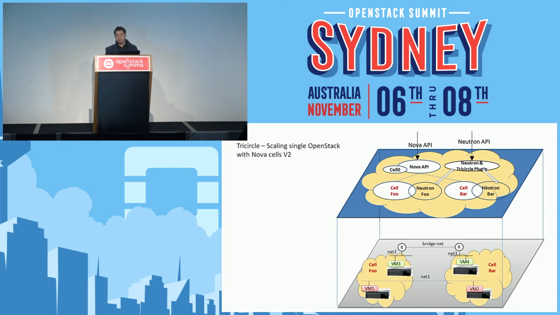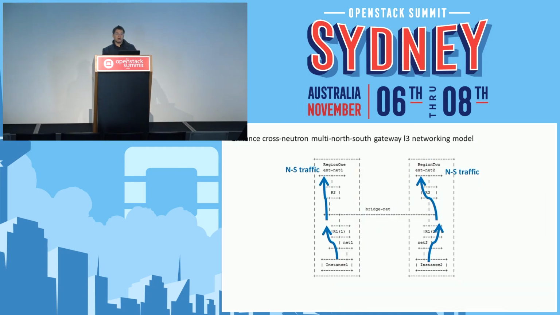And multiple local Neutrons could be coordinated by one central Neutron. So Tricircle plus Neutron can work together with Nova Cells v2. We need help to build such a topology to scale a single OpenStack. And we also hope to enhance the layer 3 networking.